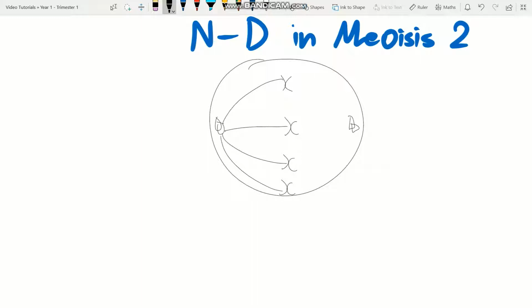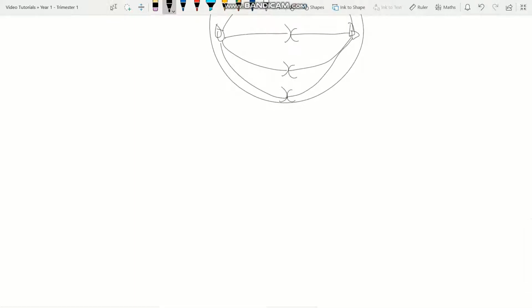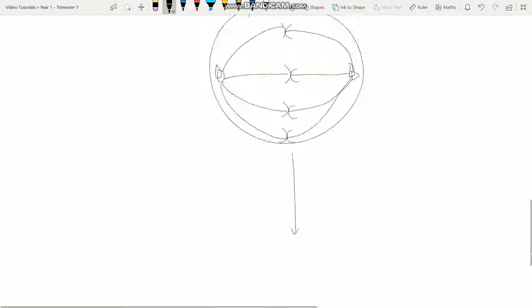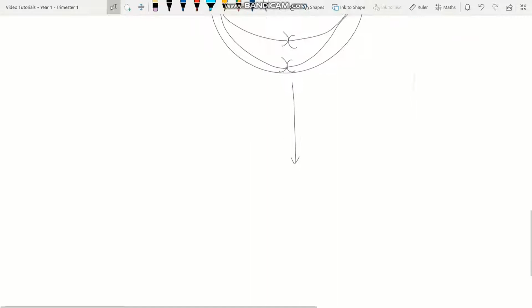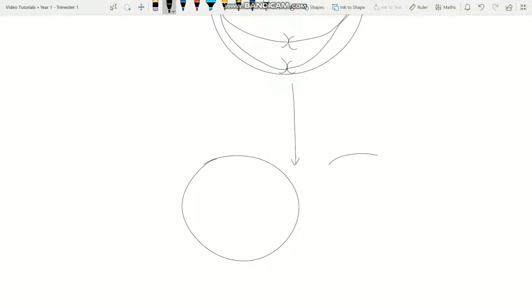The only difference between non-disjunction in meiosis I and meiosis II is that the genetic mutation occurs in meiosis II, as the name suggests. So in the formation of the 2 daughter cells in meiosis I, everything happens normally.